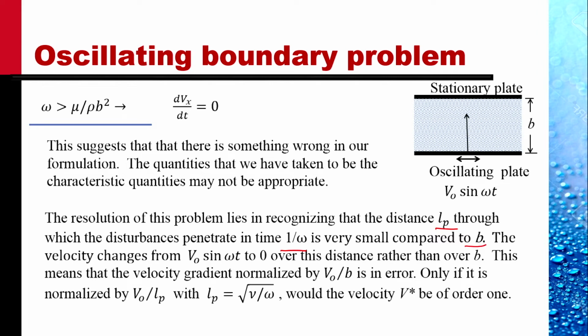This is the same approach that Prandtl took to explain the formation of boundary layer on a flat plate. The oscillating plate produces a viscous effect. Because of that viscous effect, the velocity starts penetrating upwards. But before it can go through a significant distance, the motion of the lower plate changes direction.